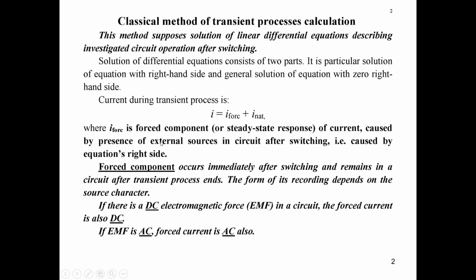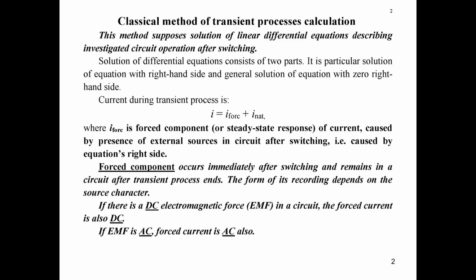So it's caused by the equation's right-hand side. And forced component occurs immediately after switching, and it remains in the circuit after transition processes end. The form of this component depends on the character of the electromagnetic energy source.